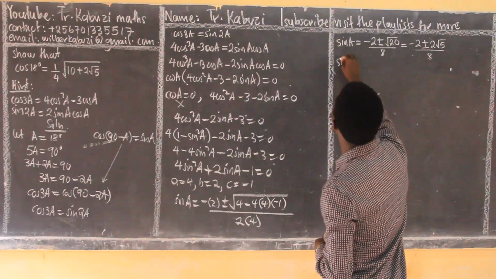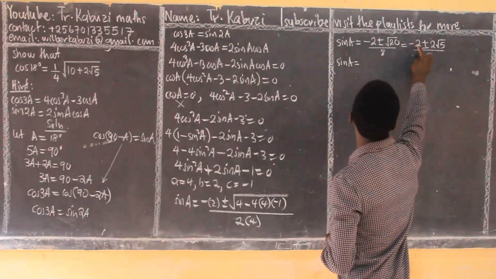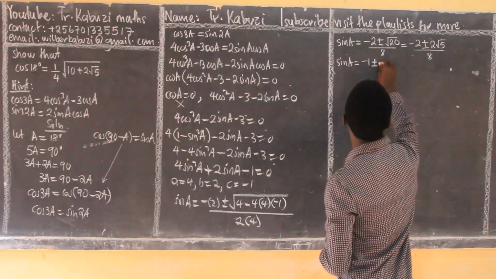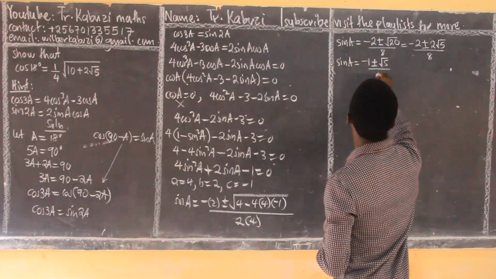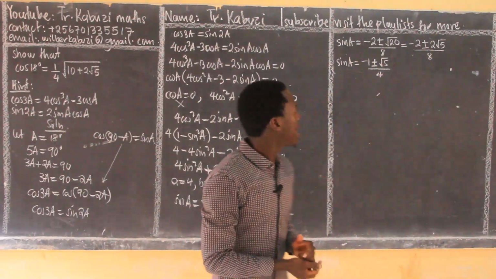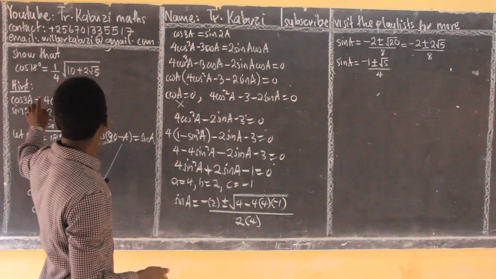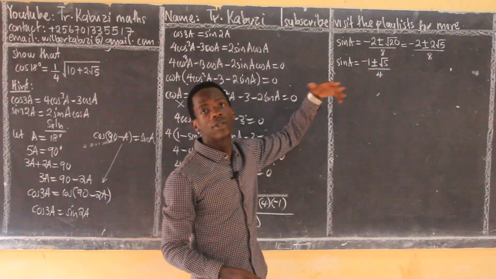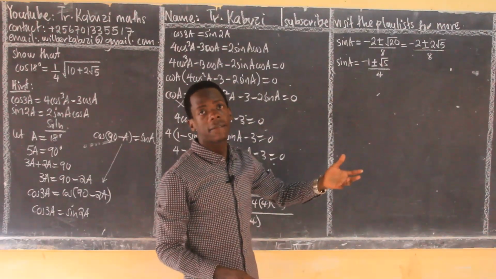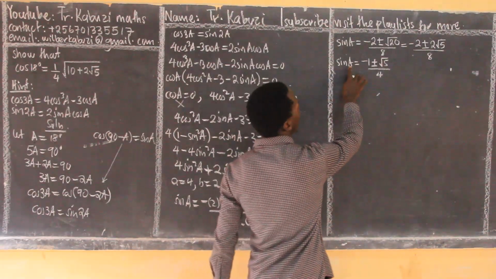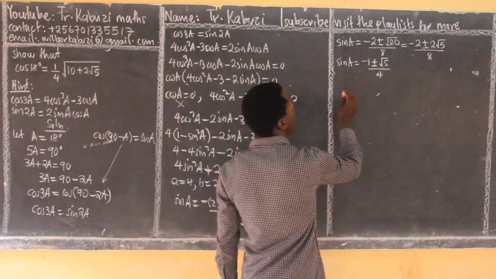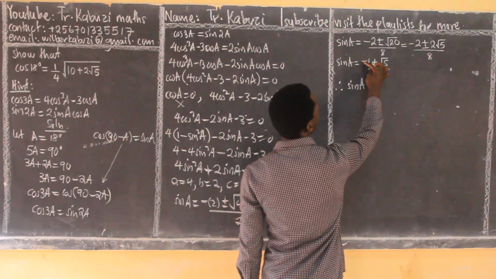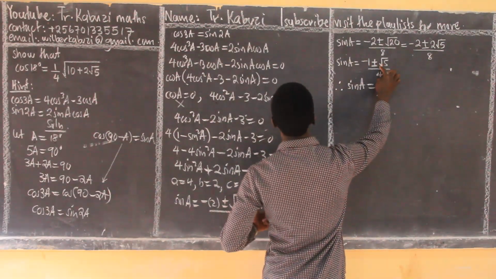So simplifying that, my sine A is going to be minus 1 plus or minus root 5, the whole over 4. But because our A is an acute angle, it means that this sine of A should also be in the positive quadrant. So therefore I conclude for the value of sine A: when I take minus minus it will give me negative, which is not the case.